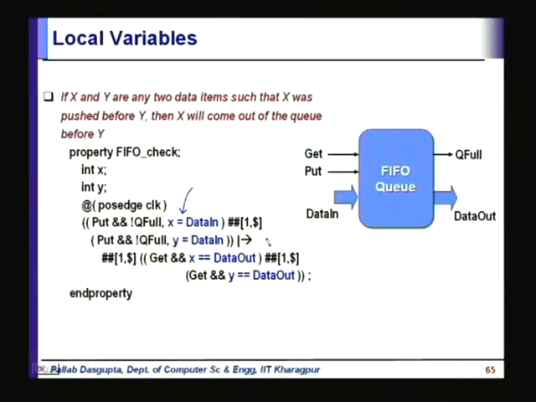So, this whole thing is expressing the statement that if x is entered into the queue before y is entered, in other words, we enter x into the queue and after some amount of time we enter y into the queue, then sometime in the future we get, and data out is x, and then again sometime in the future we get and the data out is y.